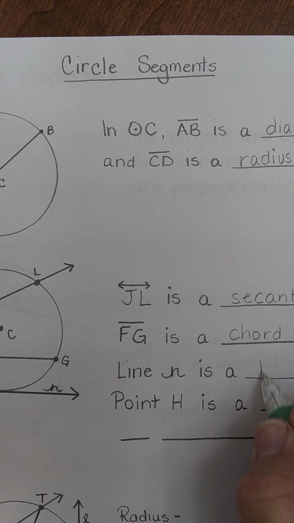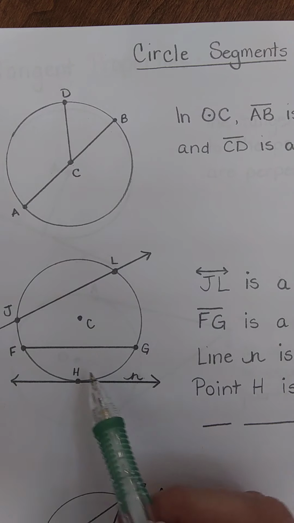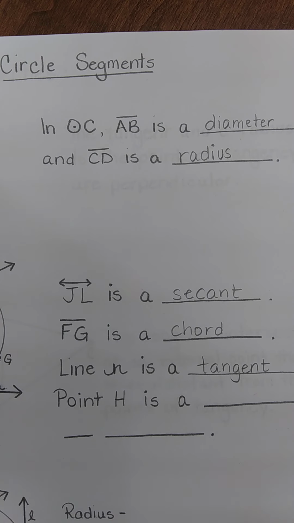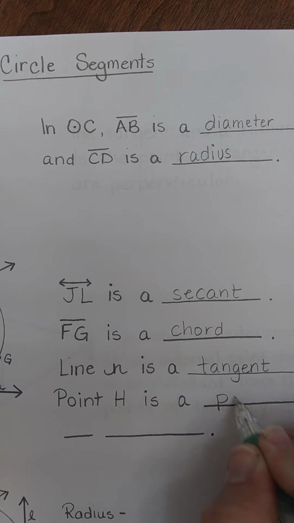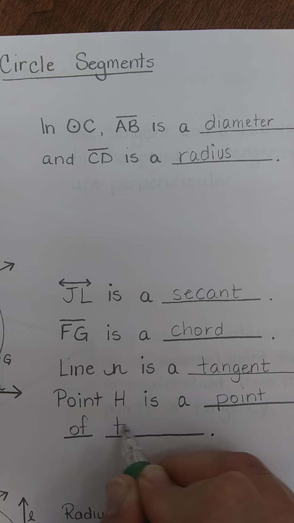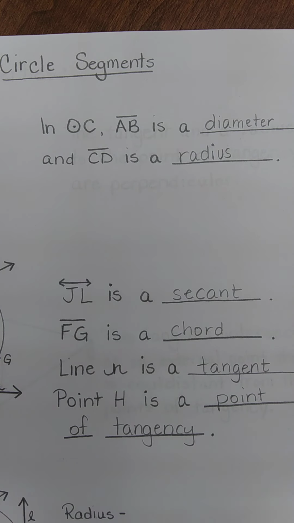That is called a tangent. Now you've heard that word before when we did sine, cosine, and tangent, but this is a different type of tangent. This one's tangent to a circle. And that point H, the one spot where it touches the circle, that point is called a point of tangency. That just names for us the point where it touches the circle.